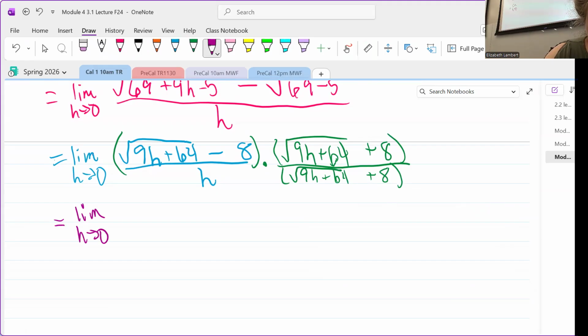So on top, I'll have the square root times the square root. So that'll leave me with 9h plus 64. The outer and the inner terms cancel out. And then we'll have minus 8 times 8 is 64. And then on the bottom, our goal is to cancel that h on the bottom. So we don't distribute through. We're just going to leave the square root as is.